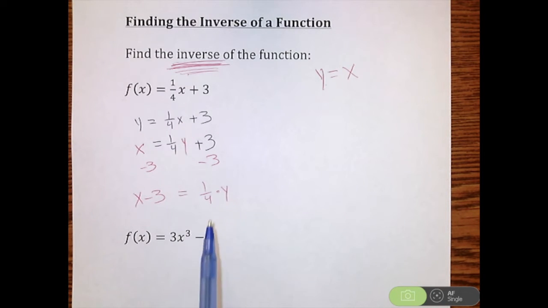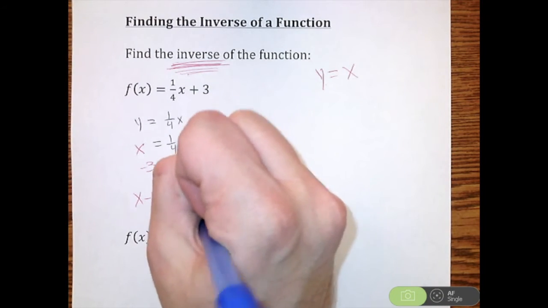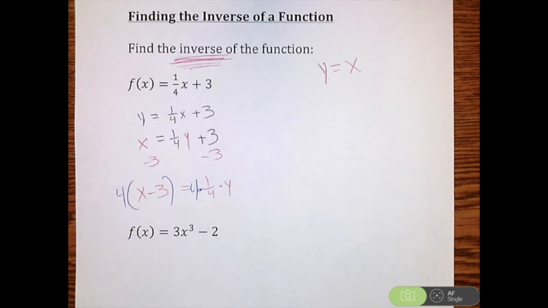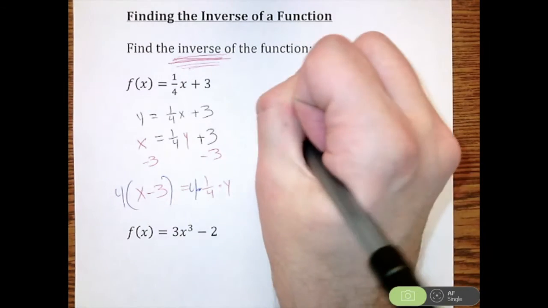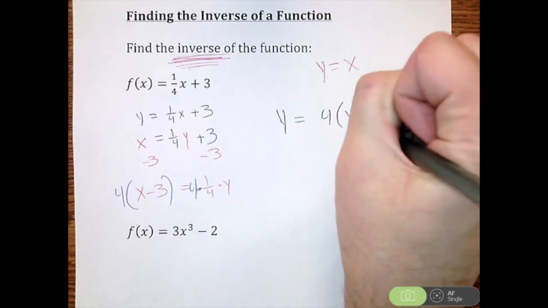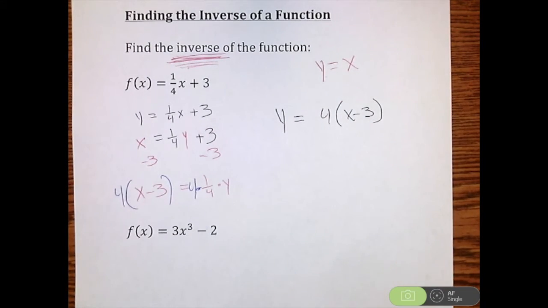So I got rid of the 3. The next thing I need to get rid of is the 1/4. This is like dividing by 4, and the opposite of dividing by 4 is multiplying both sides by 4. When I have 4 times 1/4, you can do that in a calculator, you're just going to get 1, so 1y. On the other side, I have 4 times x minus 3.